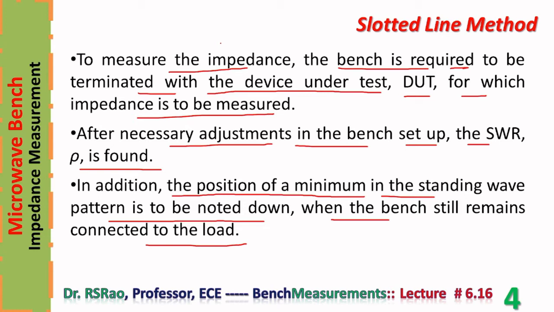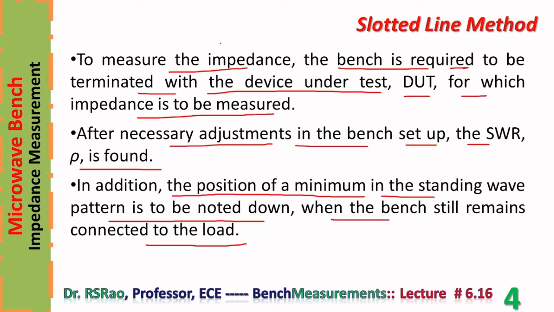In the first step, the bench is terminated with the unknown load, DUT, device under test, for which we want the impedance. When the termination is the unknown impedance, we need to make two measurements. One is finding SWR.